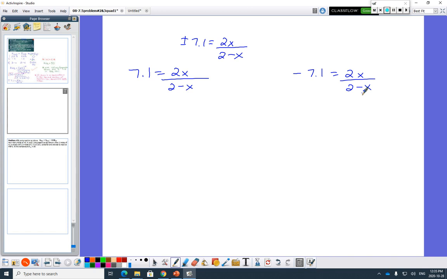We need to get the 2 minus x out of the bottom. So you have to multiply both sides by 2 minus x. Then distribute. And collect like terms.